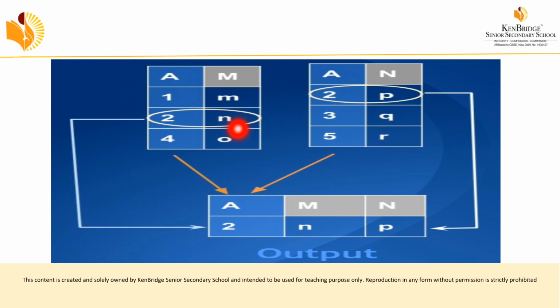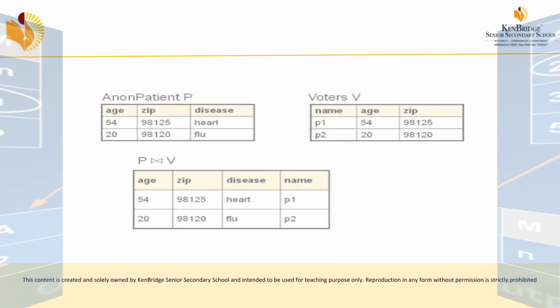So here attribute A is present on both the tables, and here we have 1, 2 and 4, but here we have 2, 3 and 5. So the matching will be only one, that is 2, attribute 2. So that alone will be displayed in the output, okay? So that's it. This is how the natural join is going to perform, okay?